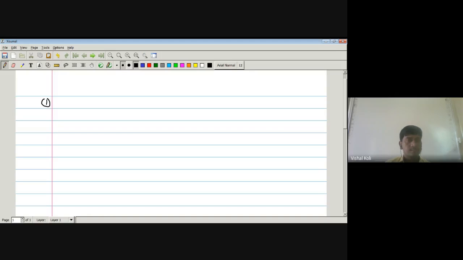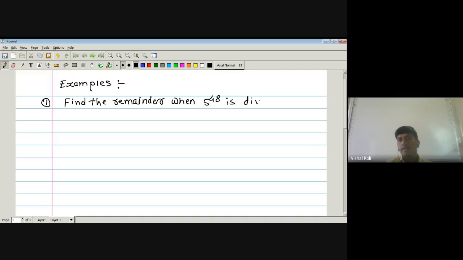The first one: find the remainder when 5 to the power 48 is divided by 24.